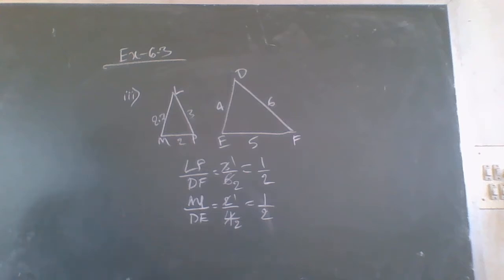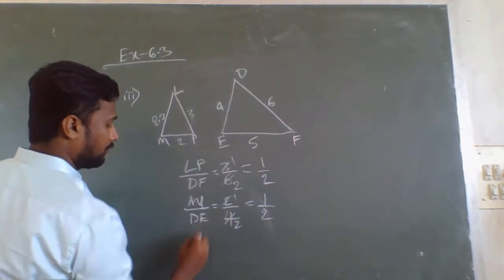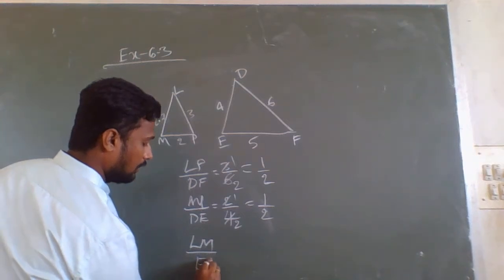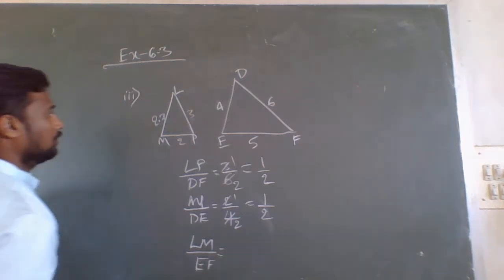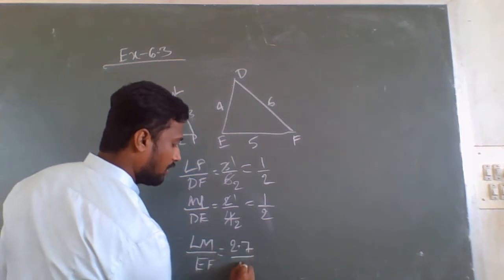Now we have to check with LM by EF. If we again get 1 by 2 only, then we can say that these two triangles are similar. So now I will check with LM by EF. Here 2.7 by 5.